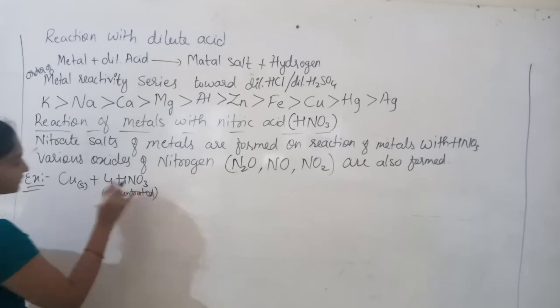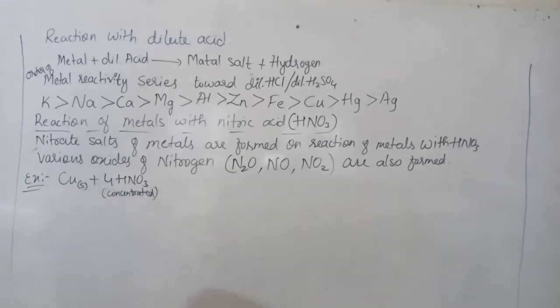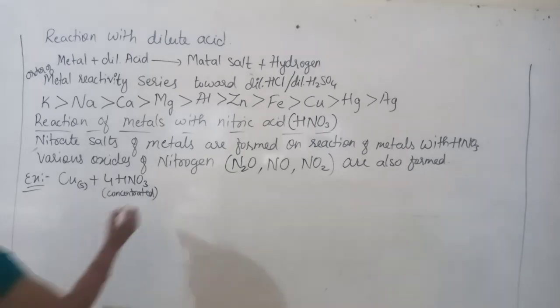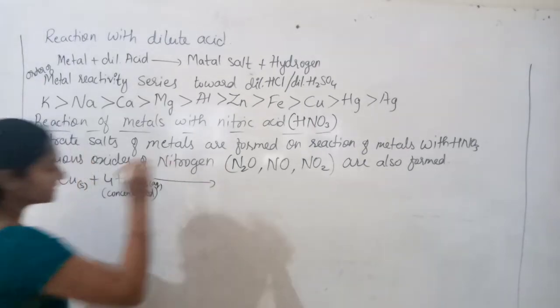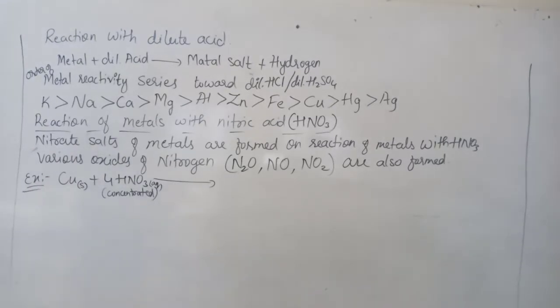Below we have to write whether it is concentrated or dilute. So concentrated, and here it is in aqueous solution, and the product that is going to form is copper nitrate, Cu(NO3)2.